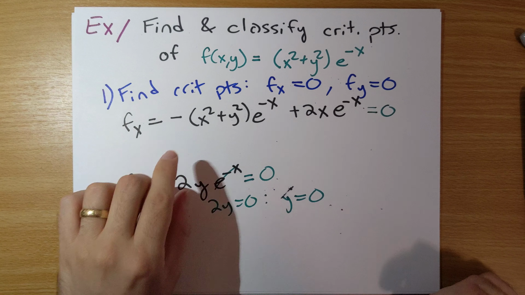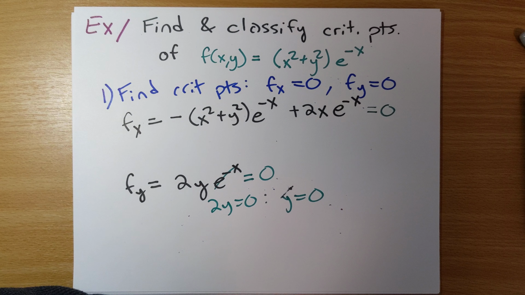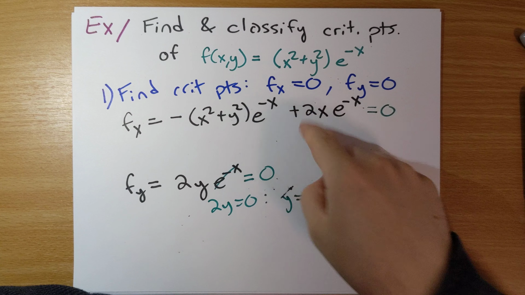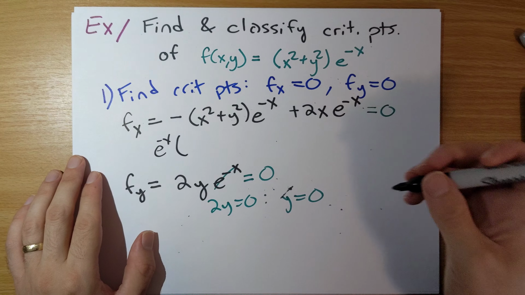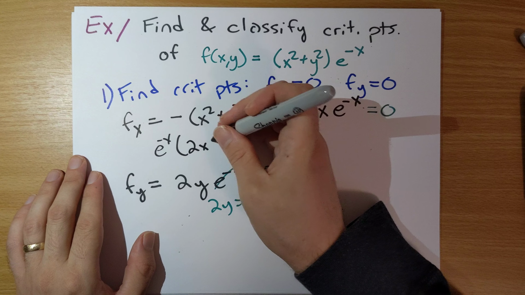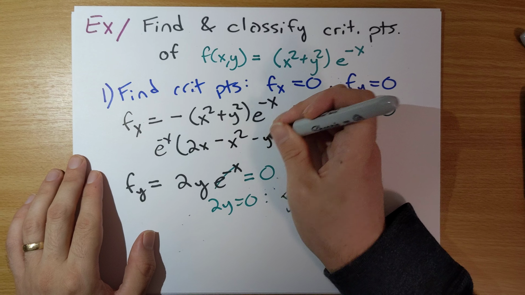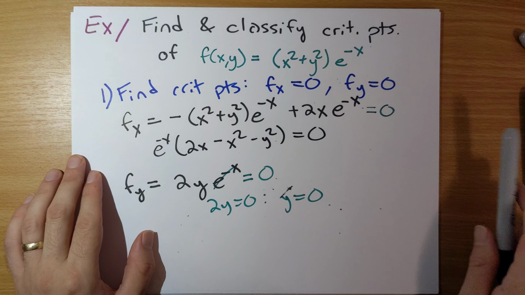For this case up here, then, we can factor out e to the negative x, since both of these terms have it in them. And so we'd end up with 2x minus x squared minus y squared is equal to 0.